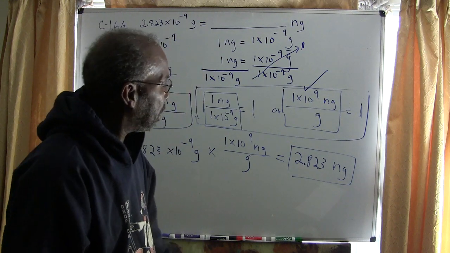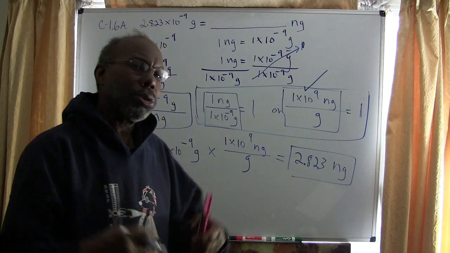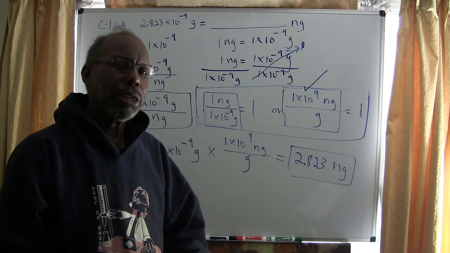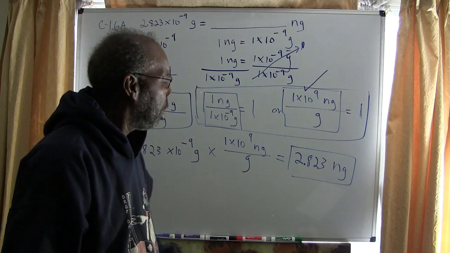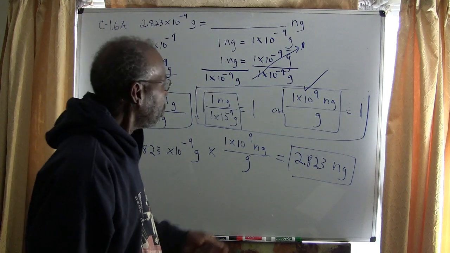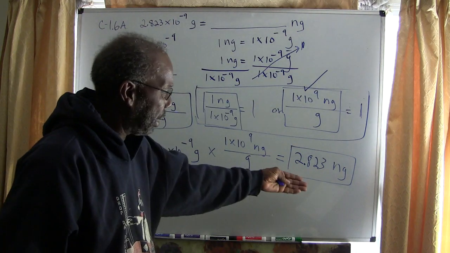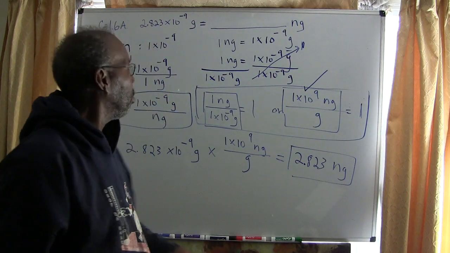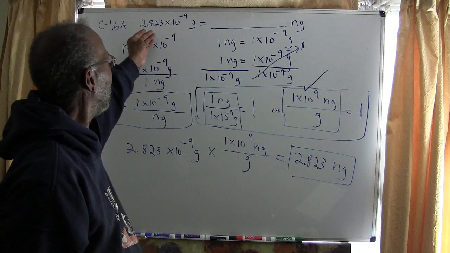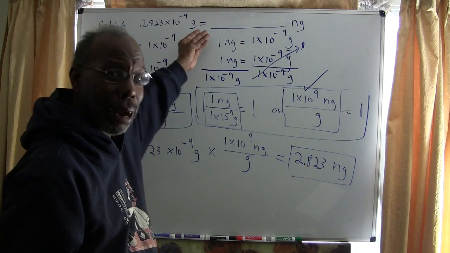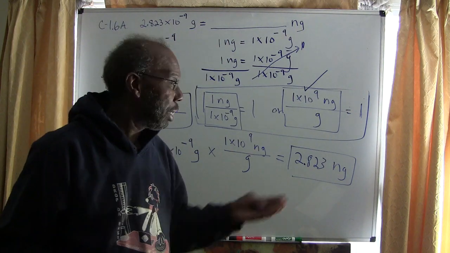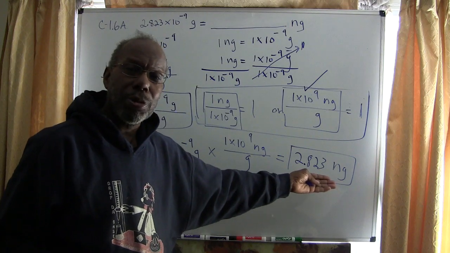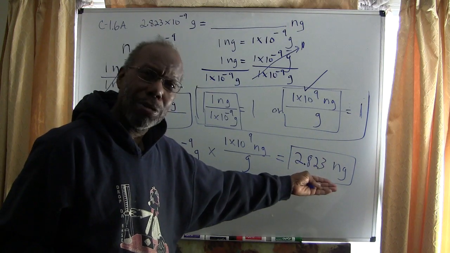This really underscores the importance of being able to manipulate these metric prefixes, because now you can report the mass as 2.823 nanograms, or you can report the mass as 2.823 times 10 to the minus 9 grams. I would submit that it is a lot easier to report it in terms of nanograms.